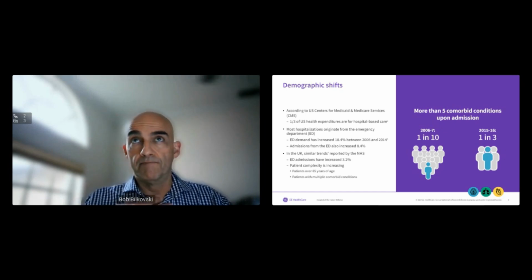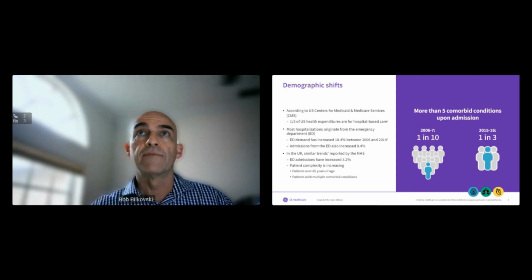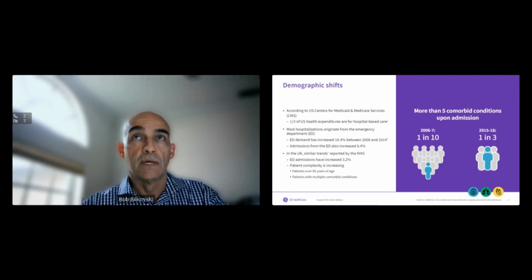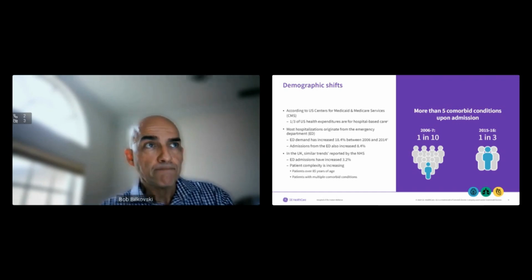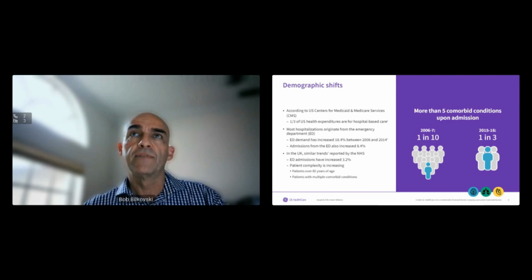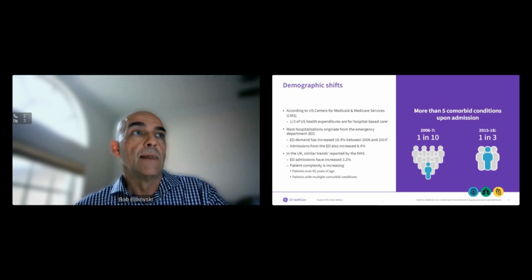Me being an emergency physician, I saw this firsthand, where quite a bit of the inflow of hospital care came through the emergency department, noteworthy within the United States. What's interesting is that over the past 10 to 15 years, demand for emergency medical services in the United States has increased by a decent amount, just over 18%.